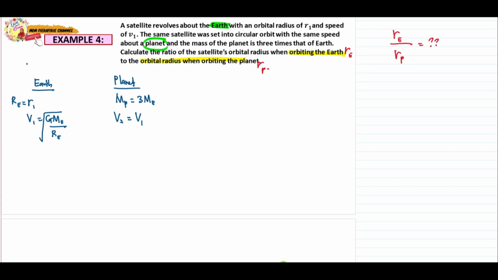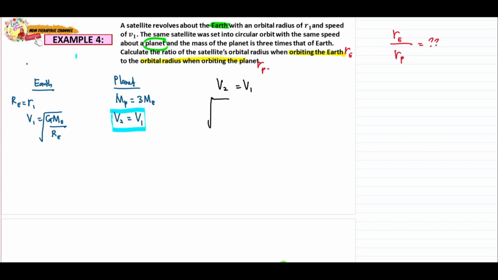But before that, look at the information given here, that the speed of the satellite when orbiting the planet is equal to the speed of the satellite when orbiting the Earth. So we can write V2 is equal to V1, where V2 is the speed of the satellite when orbiting the planet.